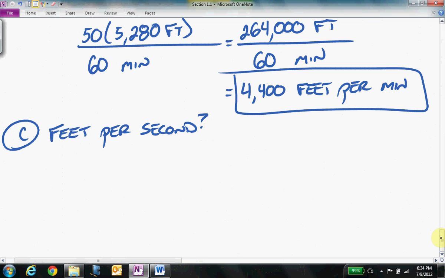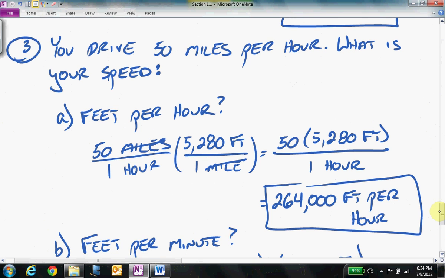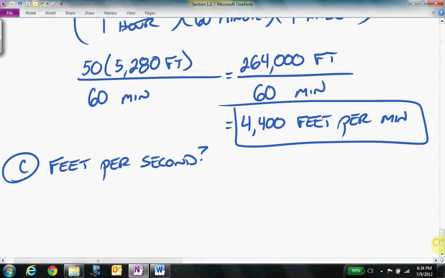Same scenario. You drive 50 miles per hour. What's your speed in feet per second? So what are you going to have to convert? I'll give you a second. Okay, so push pause and work it out, and then when you're ready, push play.